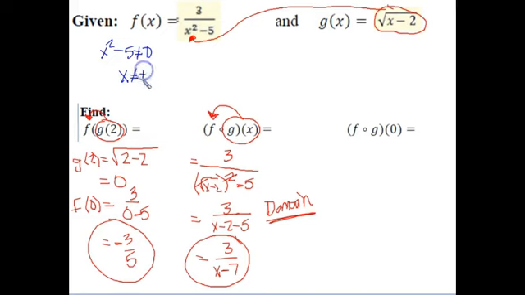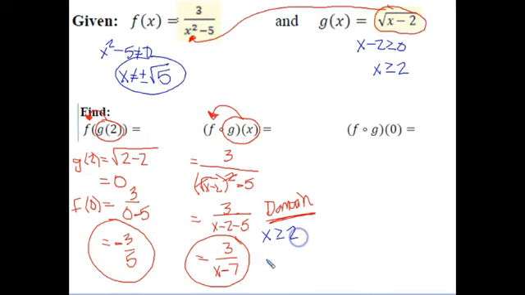So x cannot equal plus or minus square root of 5 in this case. Over here, since we have a square root, x minus 2 has to be greater than or equal to 0. So x is greater than or equal to 2. So our domain, we can have x values greater than or equal to 2, but we specifically cannot have a positive or a negative square root of 5. So here's our domain for our new function.